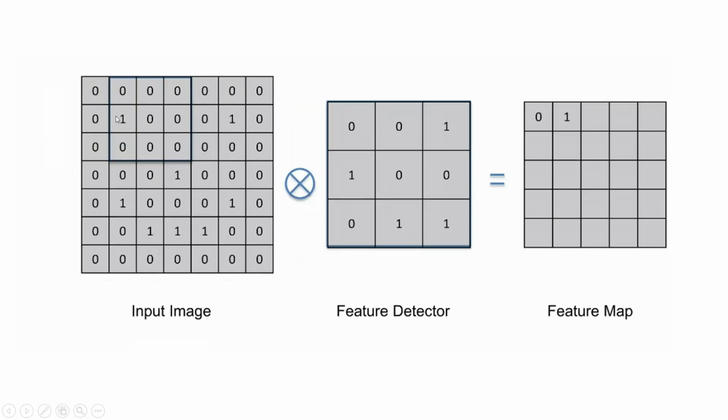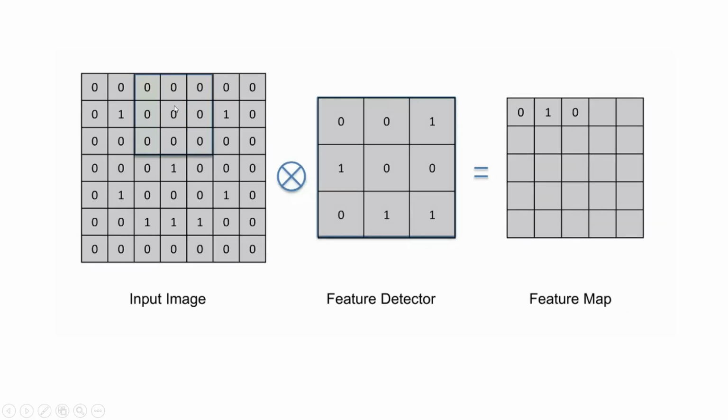In the next process, if you observe, the same filter is applied on the second column of the input image. Okay, so now these three rows and these three columns will be filtered and the relevant feature will be detected, which is presented over here.